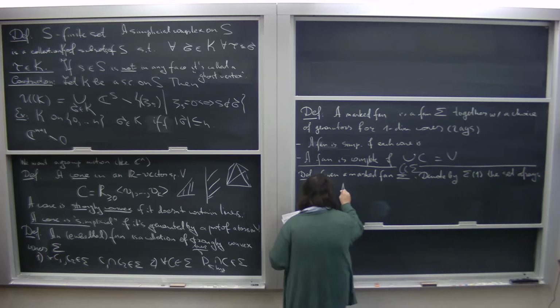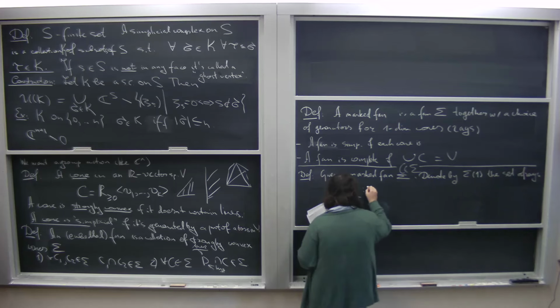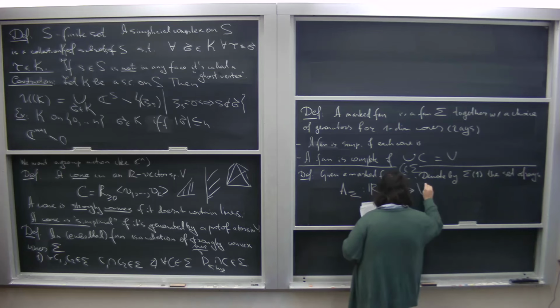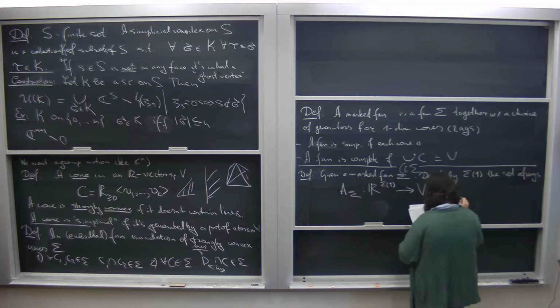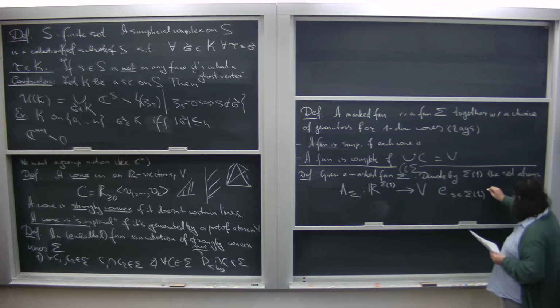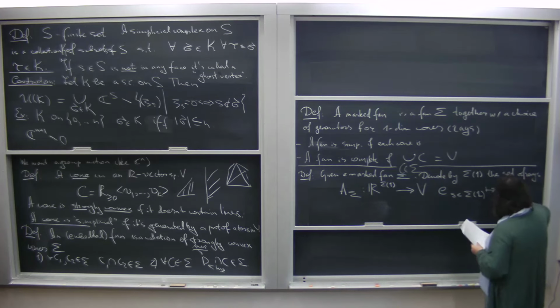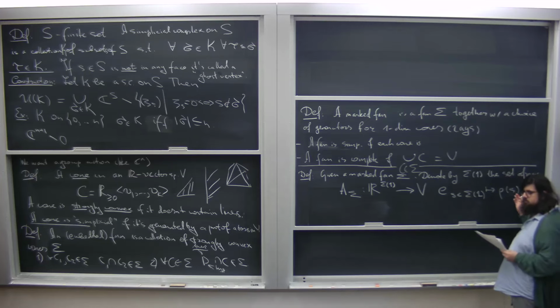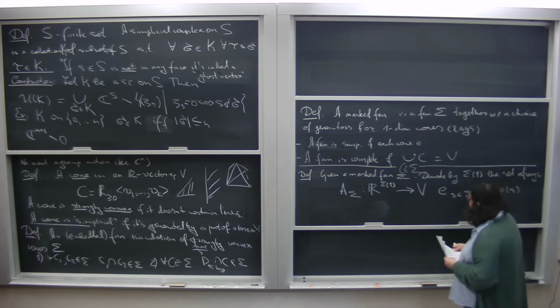Then we can construct an R-linear operator from R^sigma(1) into V, which sends an element in the basis which corresponds to some ray to the marking on this ray. So rho of S is the vector we chose on the ray S.